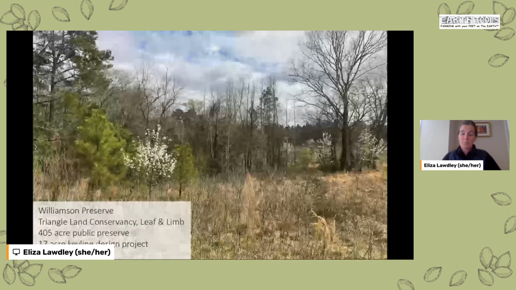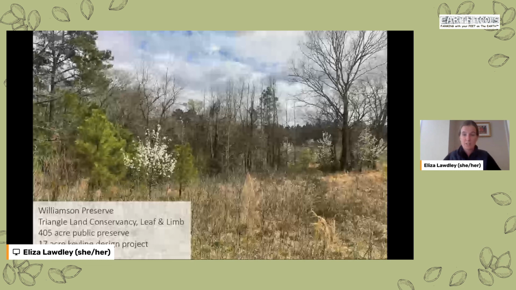So most of the property is either heavily wooded or mid-succession open field. This image shows the Chickasaw Plum Field, which is where this Keyline system took place. This sits right in the heart of the Williamson Preserve, in the center of the property. Again, it's a 400-acre public nature preserve, so we have hundreds of people from the public walking past this field or through these areas.